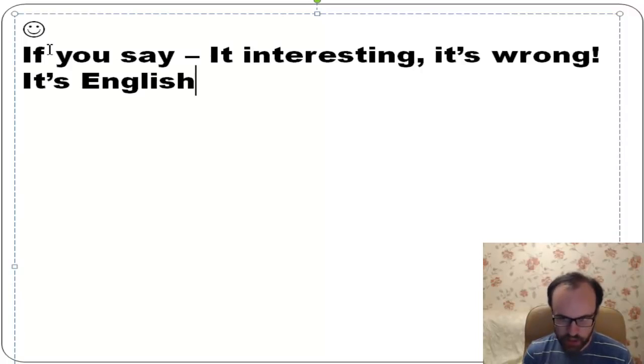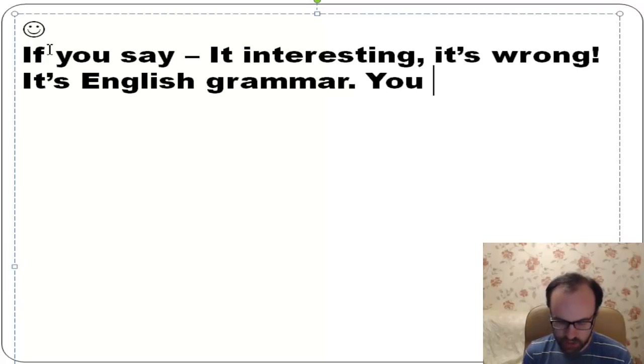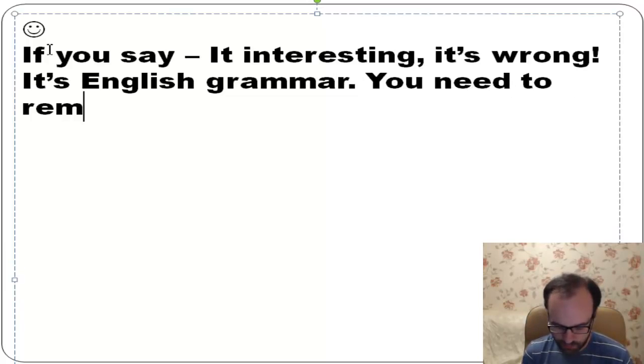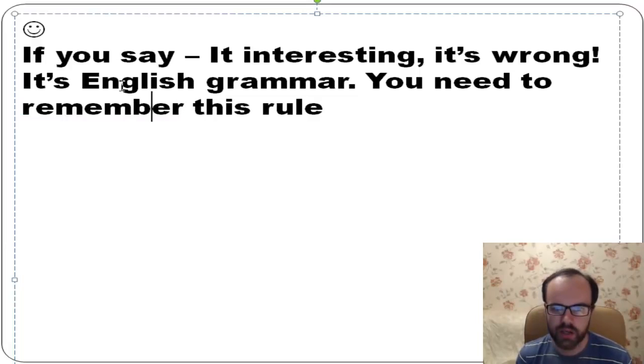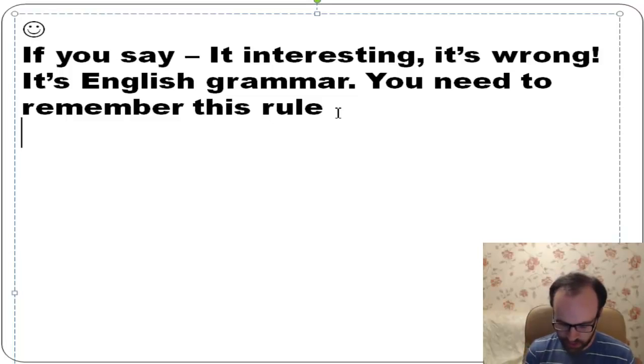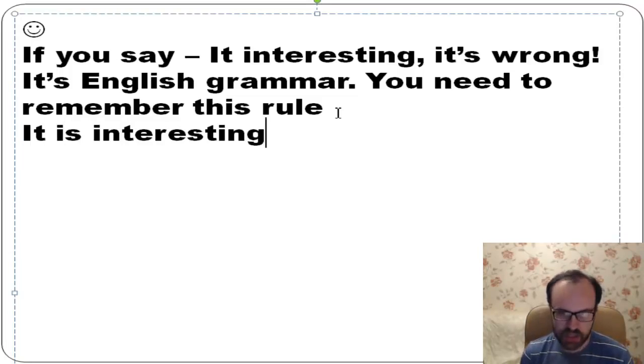It's English grammar. You need to remember this rule. So if you say it's interesting, it's wrong. So it is interesting.